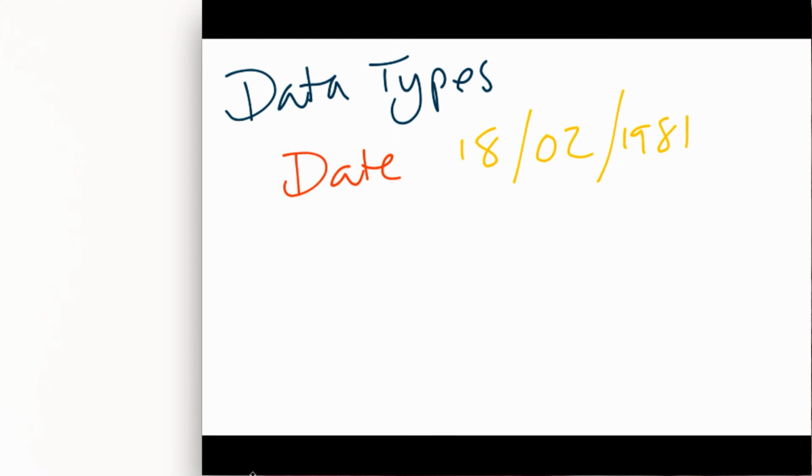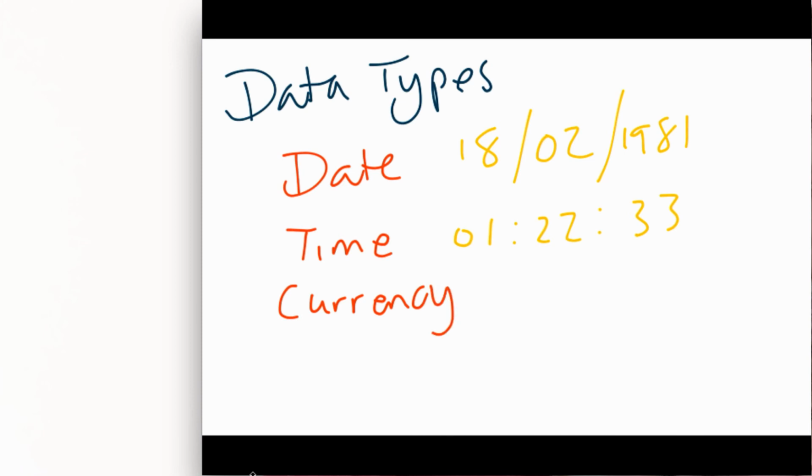We've also got time, which is a data type as well, and again that time could be in a format of hours, minutes, and seconds. We also have a data type of currency, which again would be a monetary value where it would automatically put in, for example, the required symbol. So you put in the pound sign, or it might put in the dollar for you.